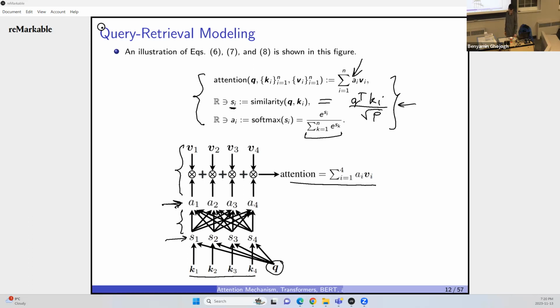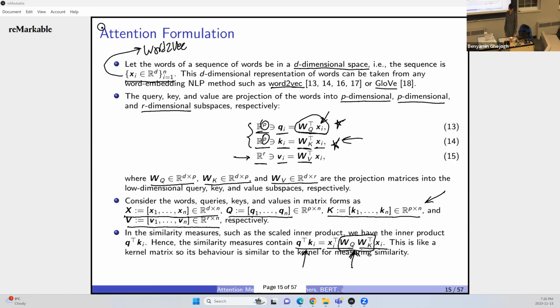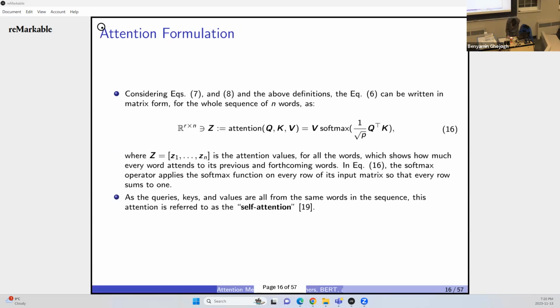So let's go to this slide, and I want to write this in matrix form. It's here. Do you remember we had Q transpose Ki, but now in matrix form it becomes Q transpose K for the n words, all of them, right? So what is this? It's basically calculating the similarity of all of the queries and all of the keys pairwise, right? And I divide it by square root of P, and then I put it inside the softmax.